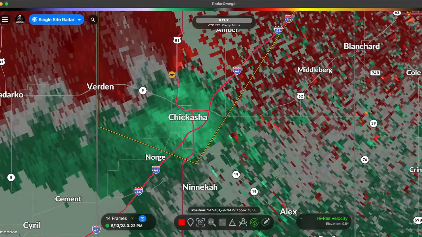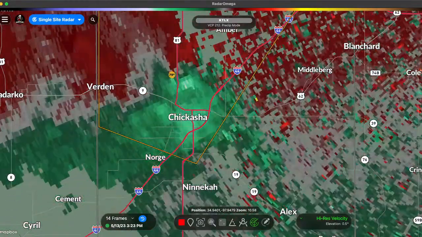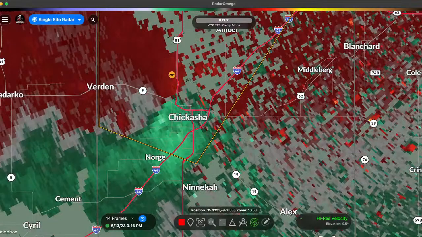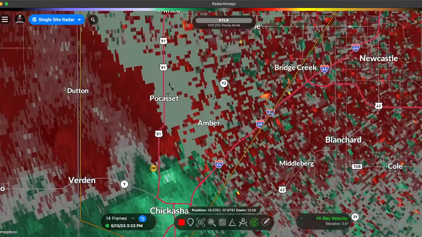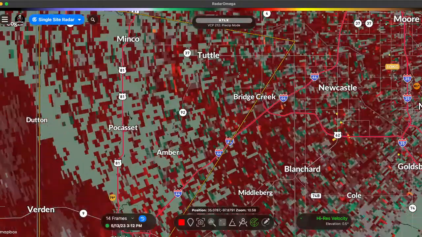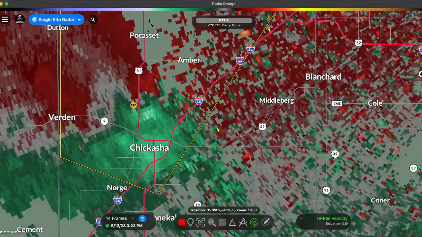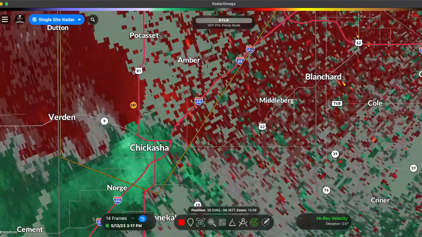I'm not seeing any rotation in that. There are some brighter colors starting to kind of form up just north of Chickasha. It's a fast moving storm. There's no doubt about that.